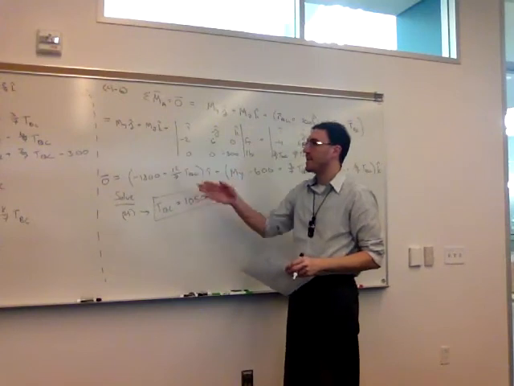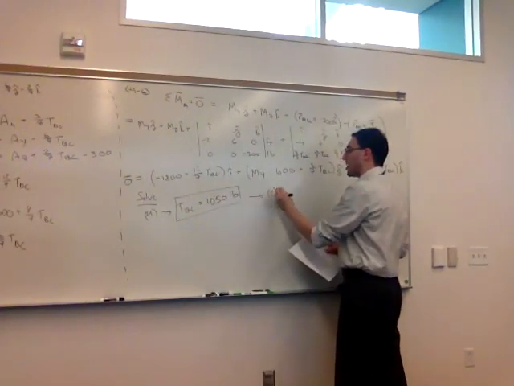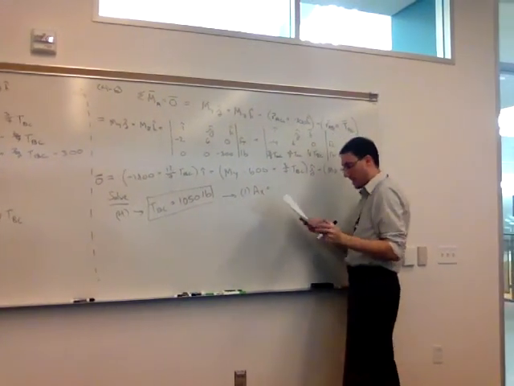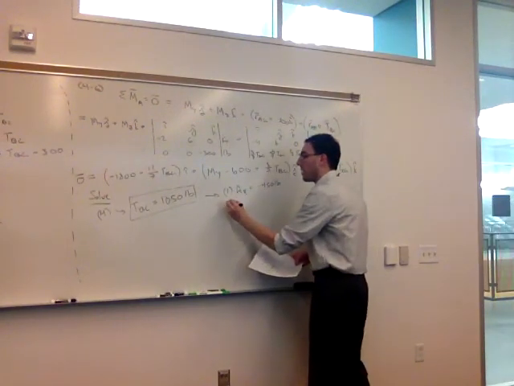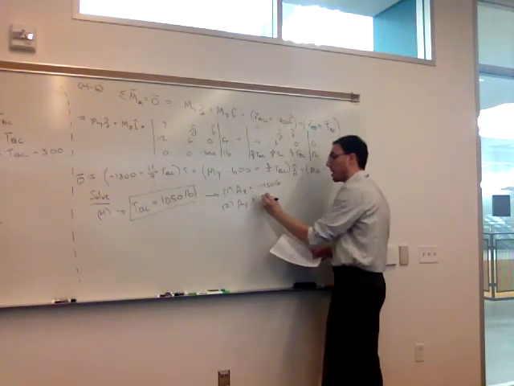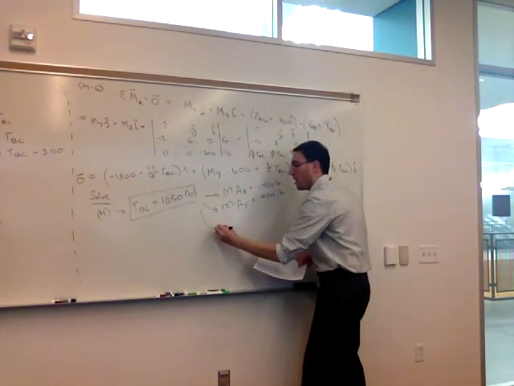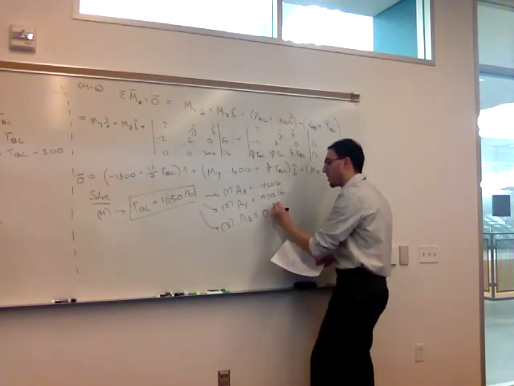Once we have this, now everything falls into place. We can put this now into equation 1 and get the value of AX. AX is negative 450 pounds. We can put it in equation 2 and get that AY is 900 pounds. And we can put it into equation 3 and get that AZ is 0 pounds.